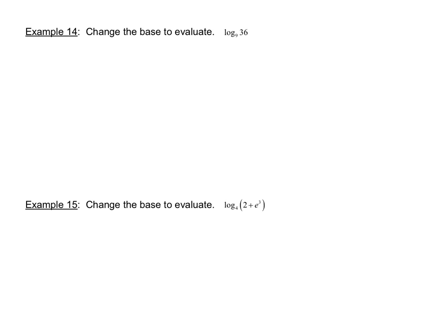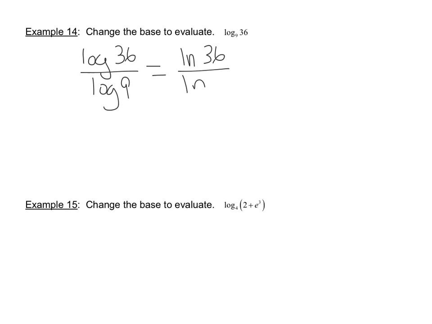All right, so it says use the change of base to evaluate. So that, again, means you can do log 36 divided by the log of 9, or you can do the natural log of 36 divided by the natural log of 9, whichever button you want to hit.